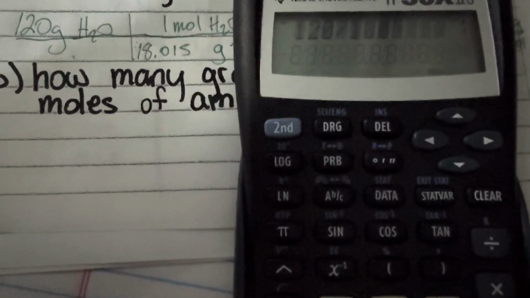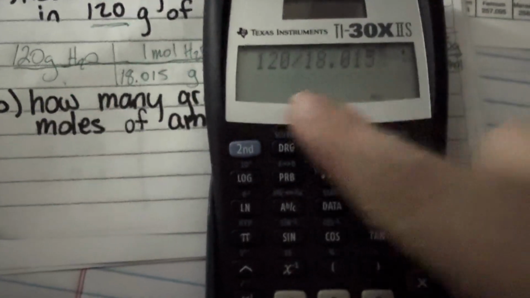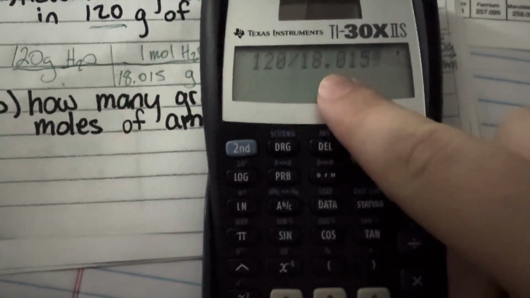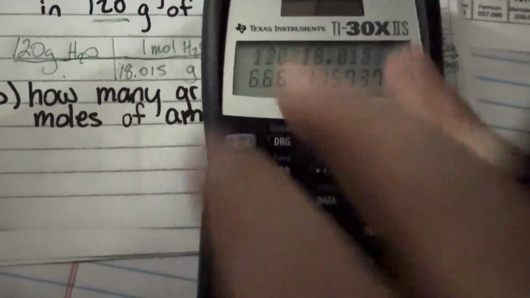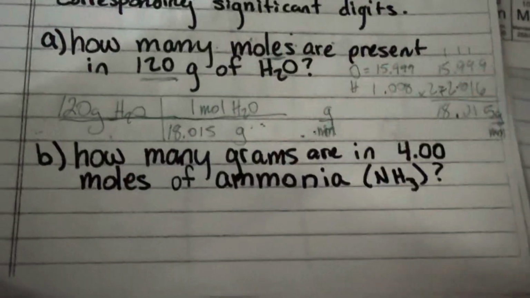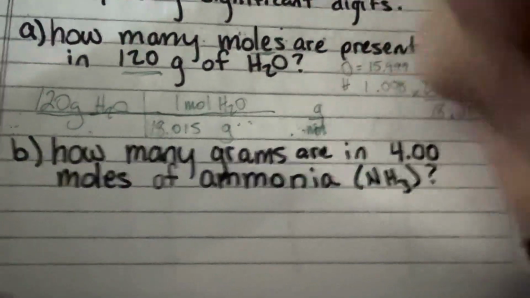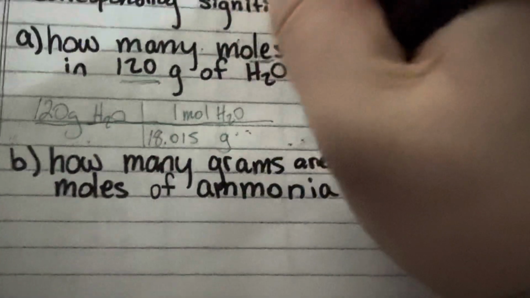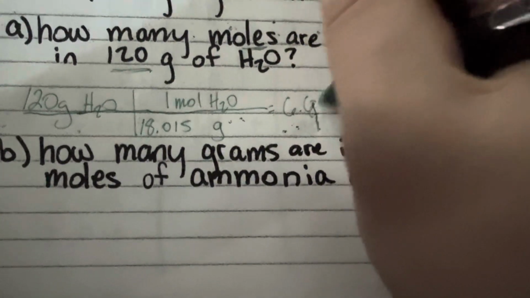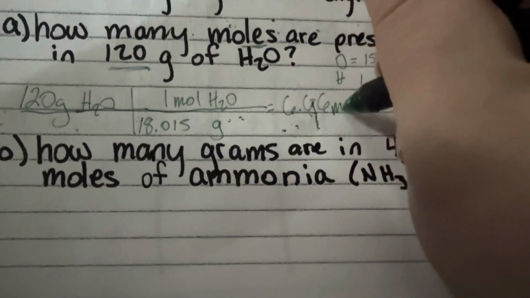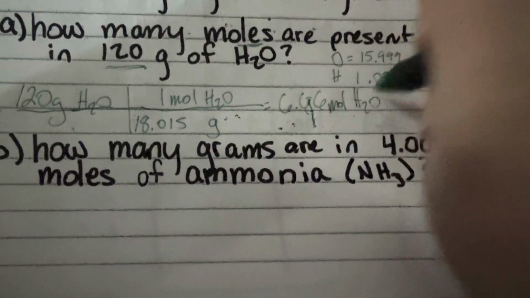So we got 18.015. We see 120 divided by 18.015. We make 6.66, and it's moles of water.